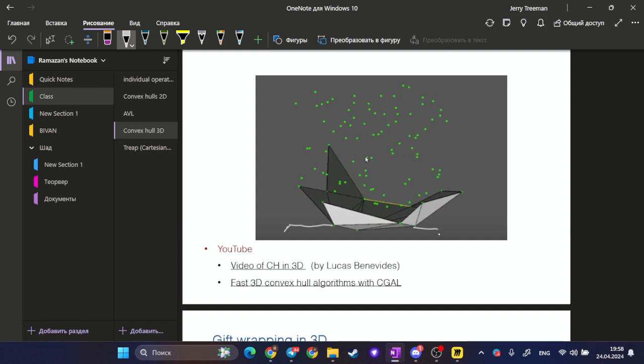Then we need to choose the smallest angle between the plane and all of these edges. How do we do it?